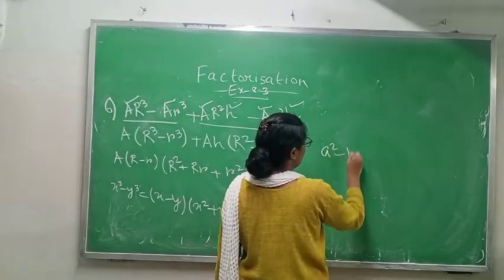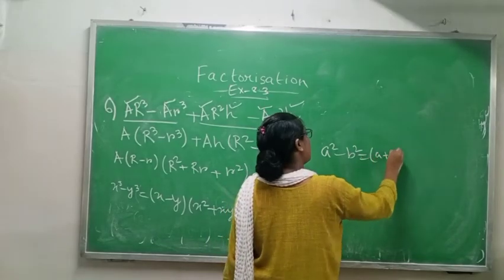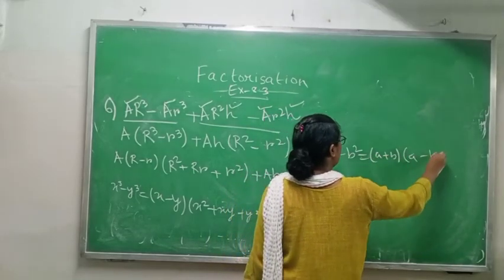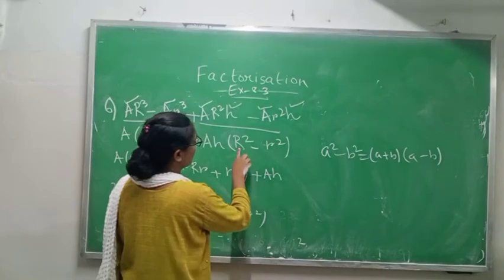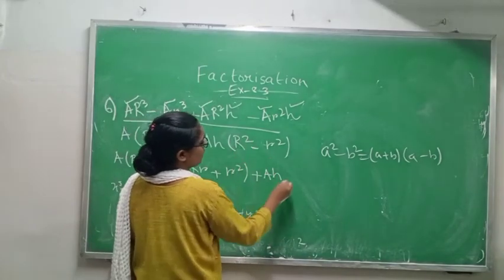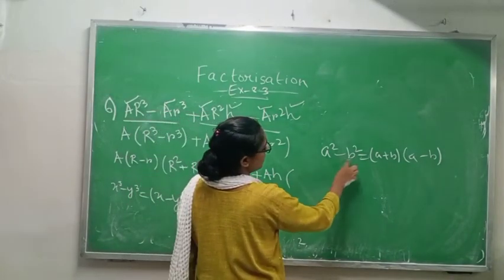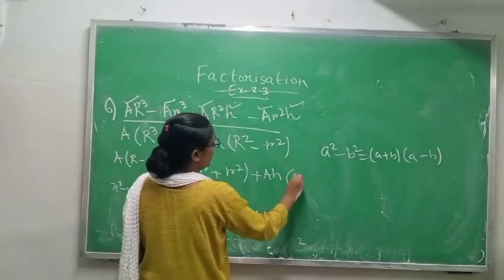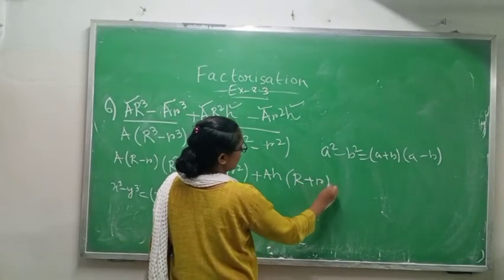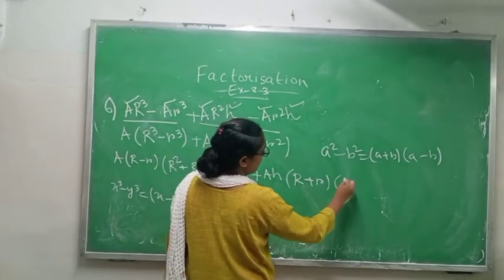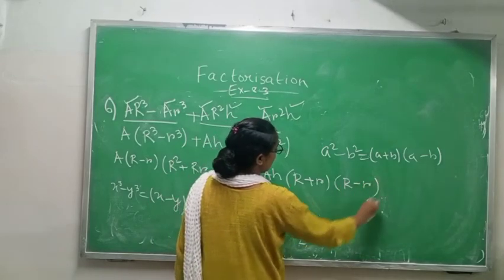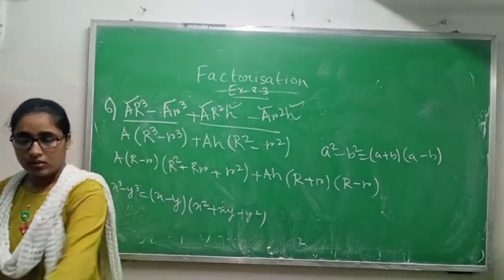We will use this formula here because we have capital R square minus small r square. So a plus b here will be capital R plus small r, then again capital R minus small r.